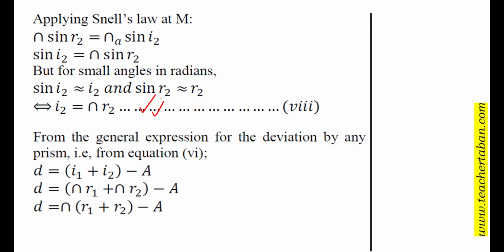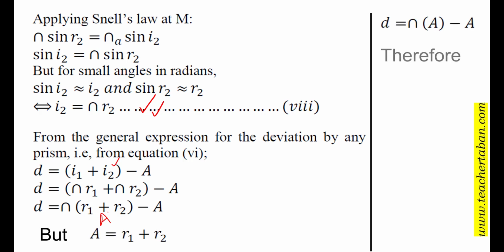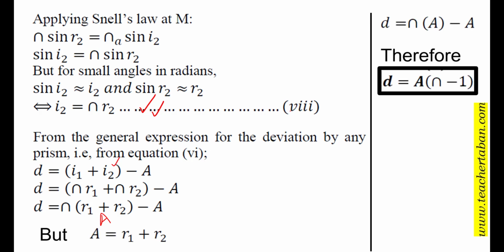And generally, in case we substitute that into our equation for the angle of deviation, we simply substitute for I1 and I2. And since N is a common factor in both of them, if we factorize it out, this is the same as A, which means therefore that in case we substitute for that, we shall simply get our deviation for small angle prisms given by D is equal to A into (N minus 1).